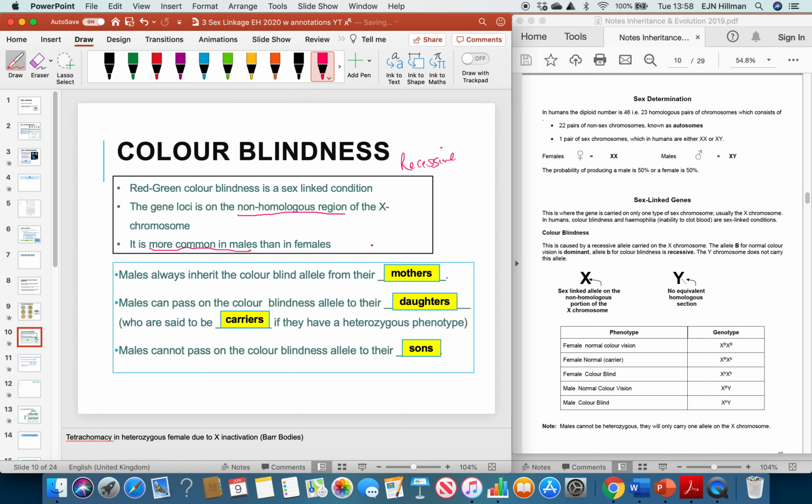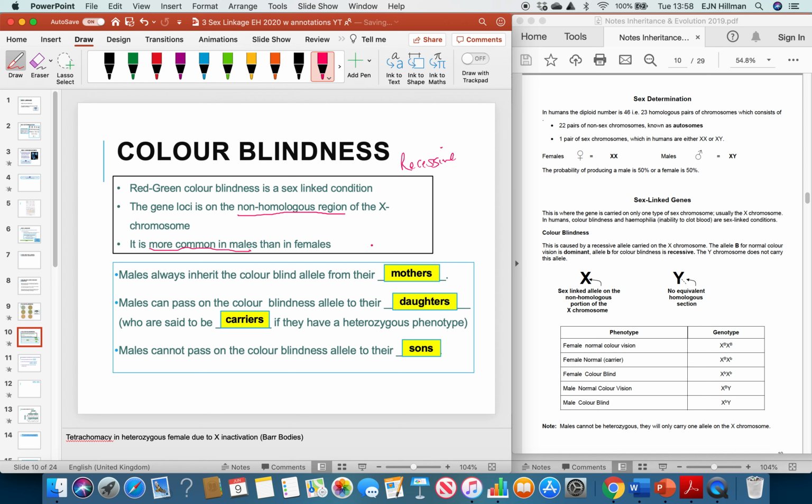And the reason for that is that females would require 2 recessive alleles, i.e. that, whereas a male only requires 1 recessive allele, i.e. that. So, males therefore always inherit the colourblind allele from their mothers.